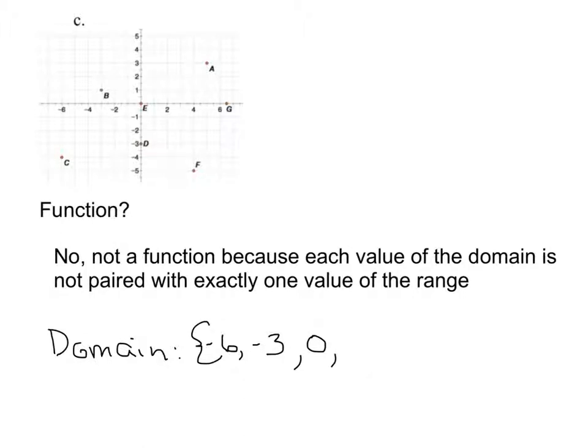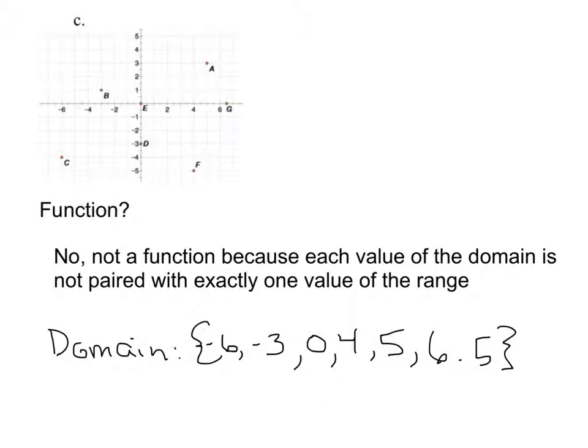Looking at F, we see that the x value is 4. Looking at, let's see, A, the x value is 5. And looking at the G value, we see that the x value is going to be about 6.5. And that's all of our points.